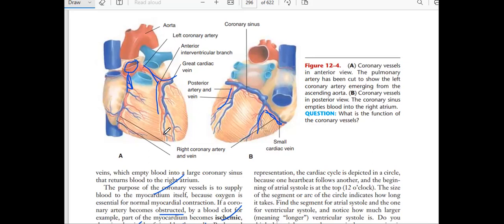So exaggeration will happen while walking, and you have difficulty breathing, and you are unable to walk long distances or run. These are the symptoms, and the reason is coronary artery blockage.